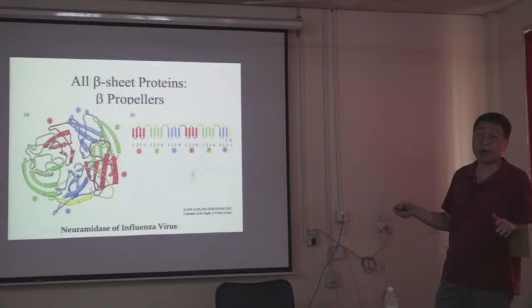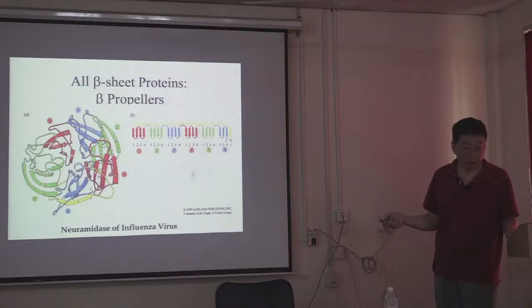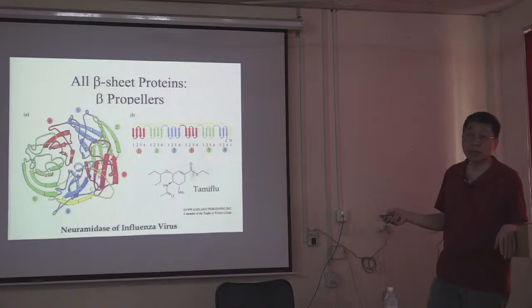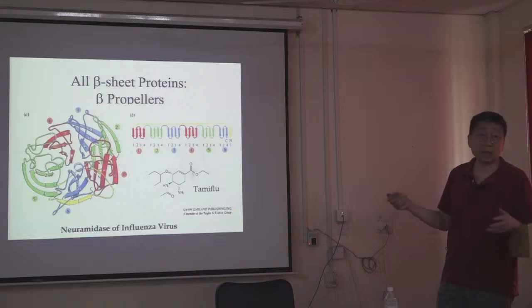So you can go from 5 to 8 propellers, depending on how many there are. And this enzyme is critical for the life cycle of the virus. So there are small molecule drugs developed against it. Some of you may know Tamiflu, from the bird flu scare in the early 2000s. I have some in my medicine cabinet as well. So Tamiflu was developed to target this enzyme. It binds the active site, inhibits the enzyme. That's how it kills the viral life cycle.